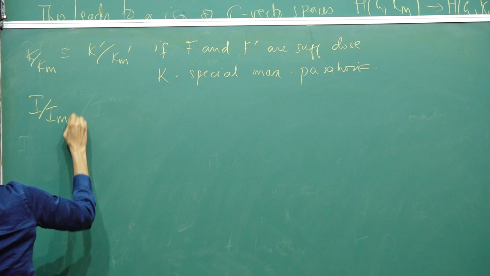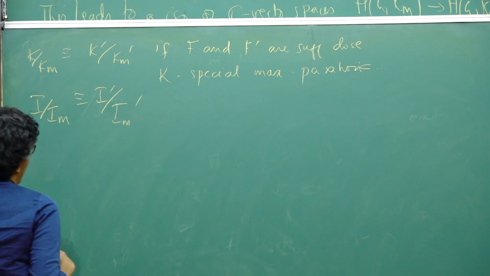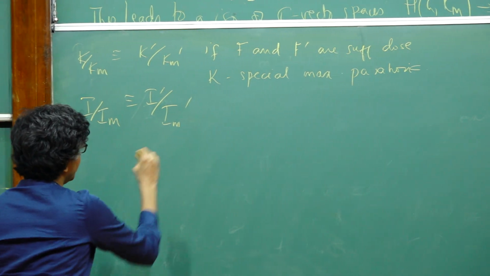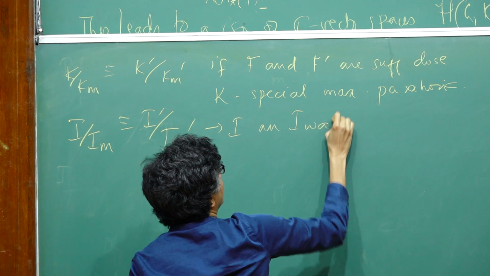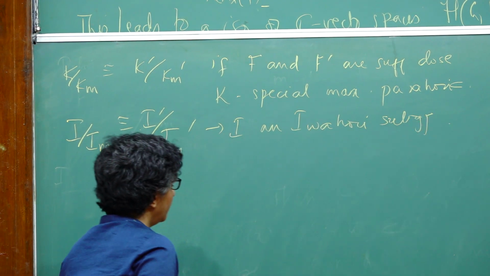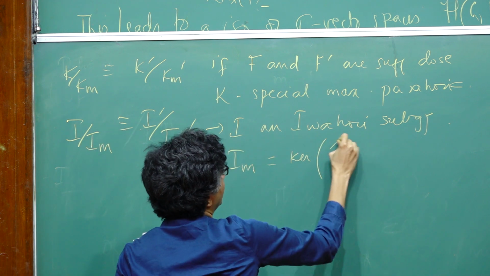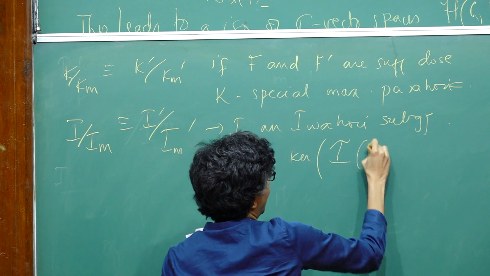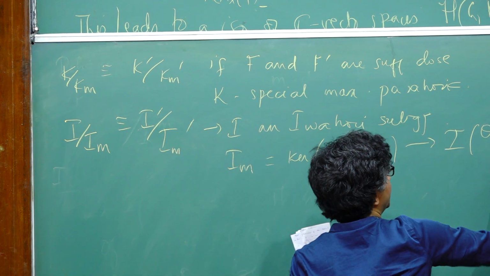This will also show that I mod Im is isomorphic to I prime mod Im prime, again if the fields are sufficiently close. Here I is an Iwahori subgroup, so this is the parahoric subgroup attached to an alcove, and then Im is the kernel again of this group scheme map I of O_F to I of O_F mod P_F to the M.